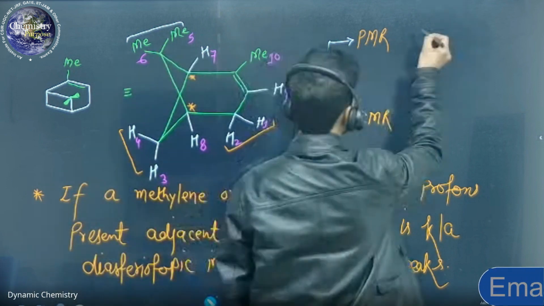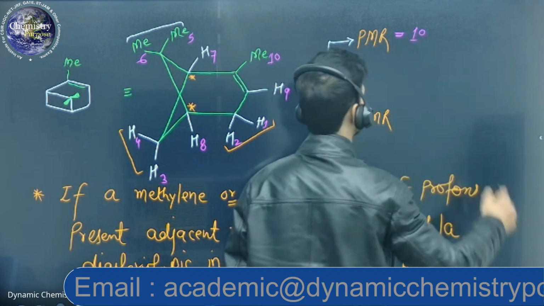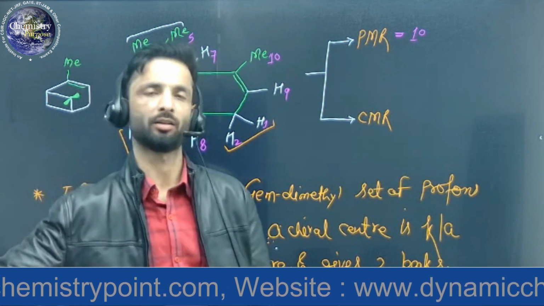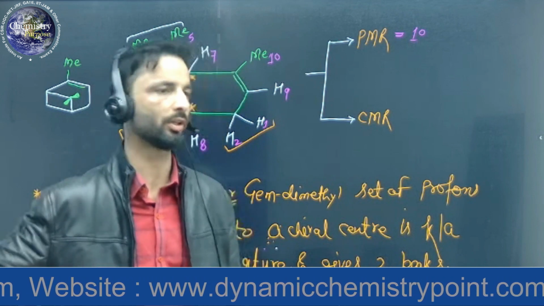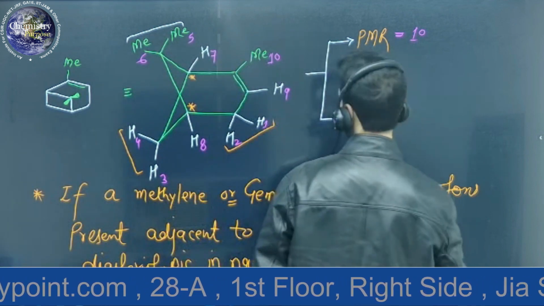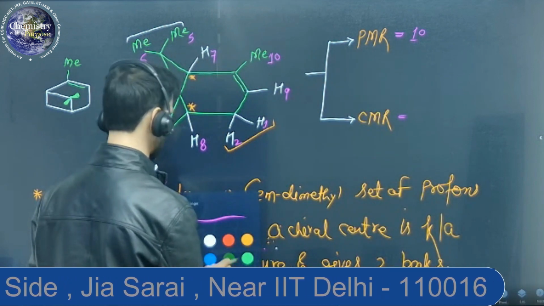So the total number of PMR signals is 10. Is that okay? You can also resolve the problem of myrtenal. Just try and let me know.